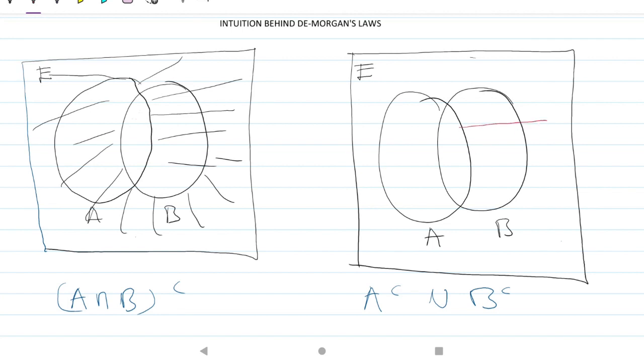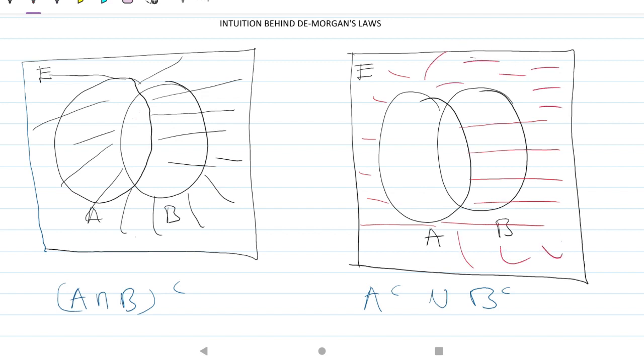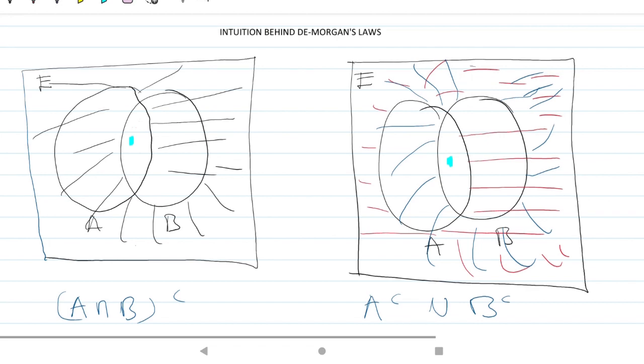So A complement is everything that is outside here. Okay. Now, what is B complement? So B complement starts from here. Everything that is outside here. What is the remaining part? You can see that the only remaining part that is not shaded is the middle part, okay? Where the unshaded region is the complement of A intersection B or A complement union B complement.